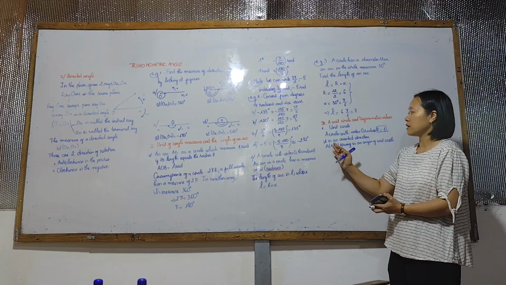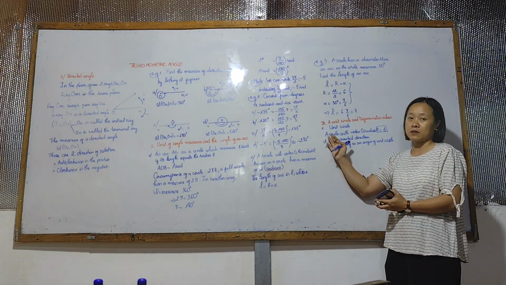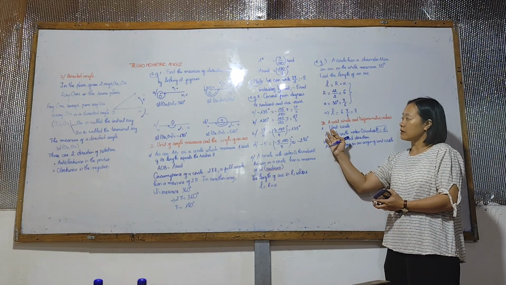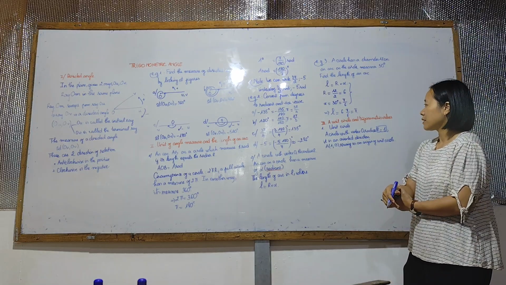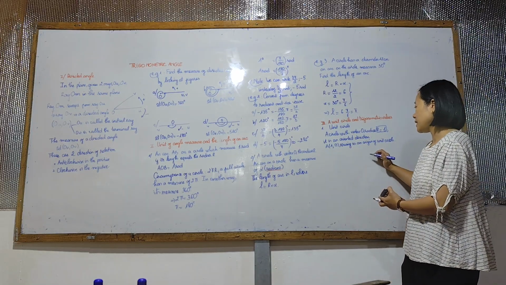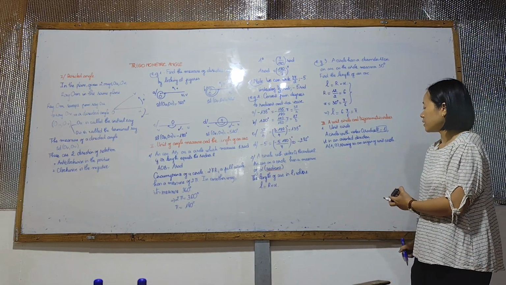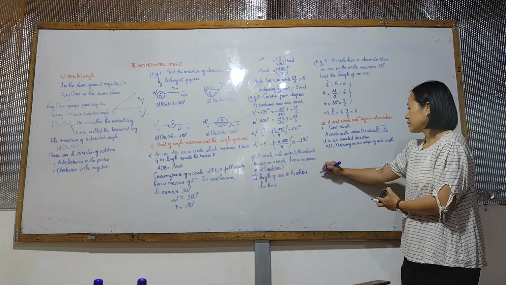A point on a unit circle that represents the measure of alpha.